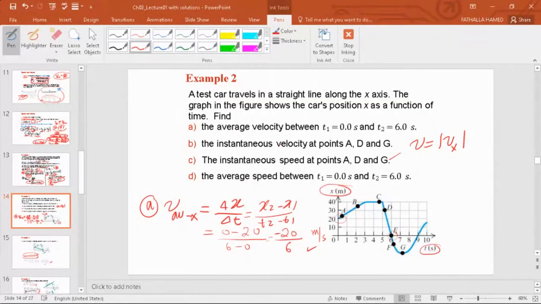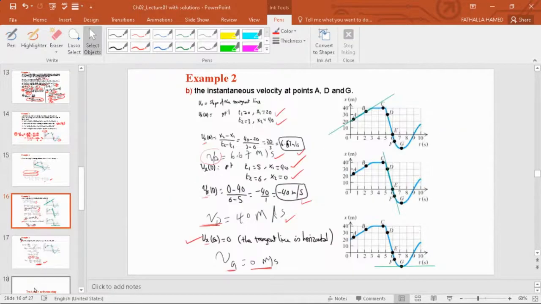So once we find the instantaneous velocity in B, we just take the absolute value, and that will give me my instantaneous speed.